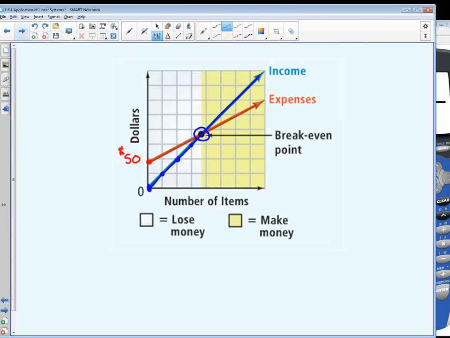And it's going to cost us money to make each cup of lemonade. At this point, where the two lines cross, that's your break-even point. Everything before that point means you're losing money. You're spending more than you're earning. Everything beyond that point means you're making money. You're making more money than you spend. Okay, that's just your mini economics lesson to get you started with today's problems.